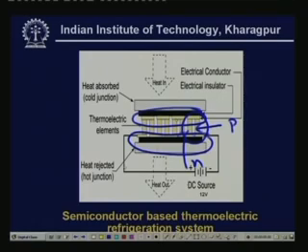Of course, we have to have some electrical insulators to avoid shorting. And depending upon your requirement, if you reverse the current flow, you can have either cooling on this side or heating on this side, just by reversing the direction of the flow. So this is the principle of thermoelectric refrigeration systems based on semiconductors.